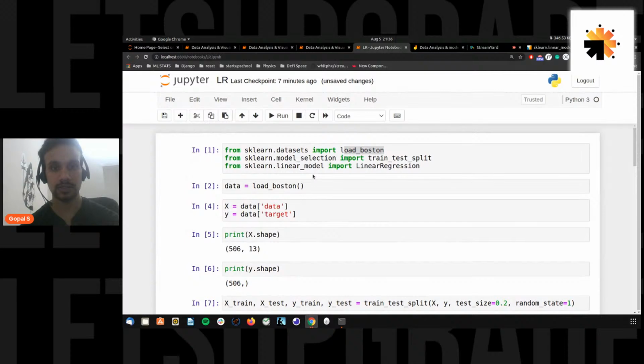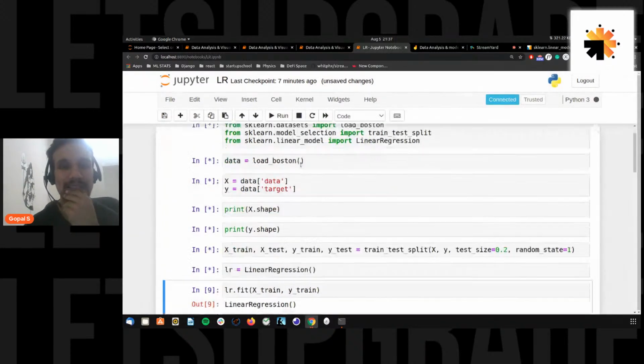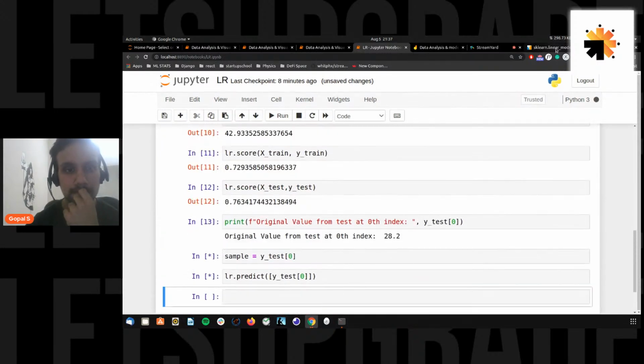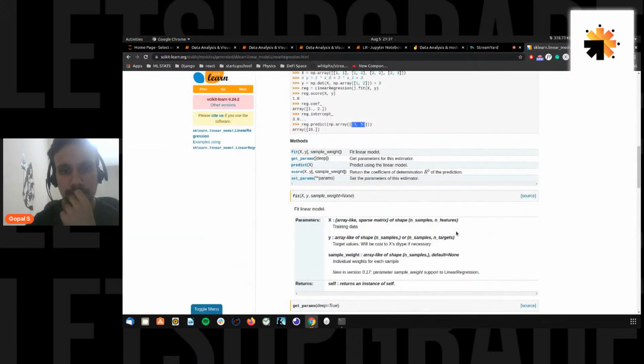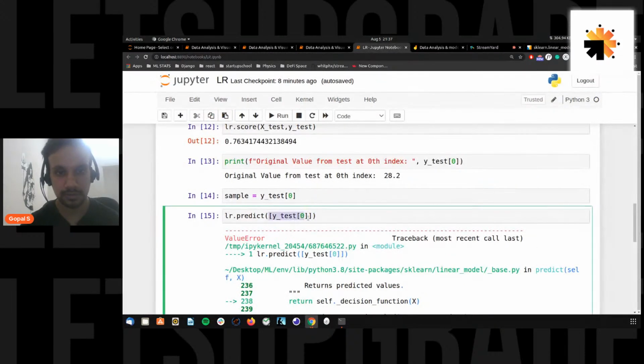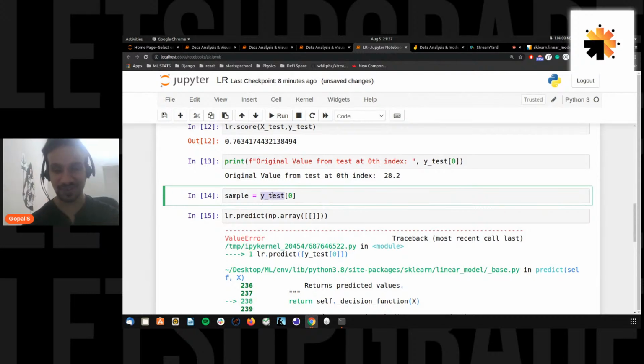Let's rerun this. It is already an array with np.array, and I don't know why it is not giving any answer. Oh, okay, I just got fumbled up here.